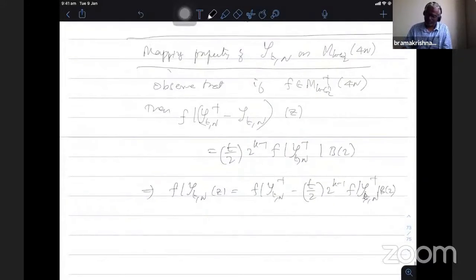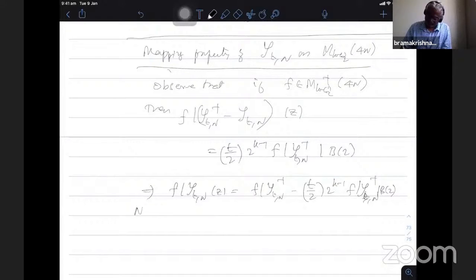In yesterday's discussion session, we saw the property of the Shimura map on a class of functions. I already observed that they are in the plus space. The same identity follows here also. When I put t equal to 1, I get exactly some special function, which is exactly g squared.